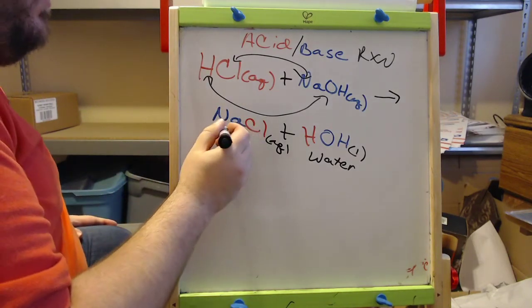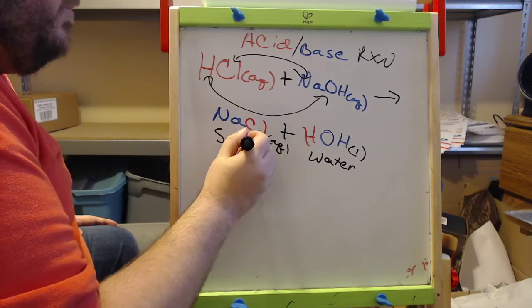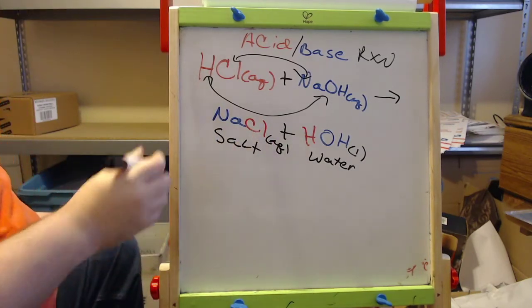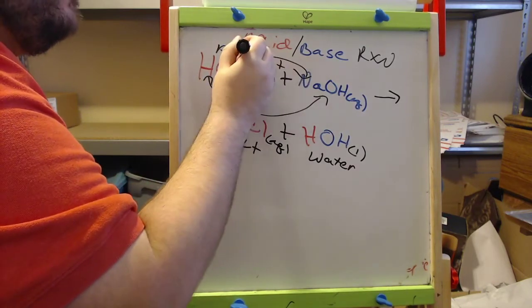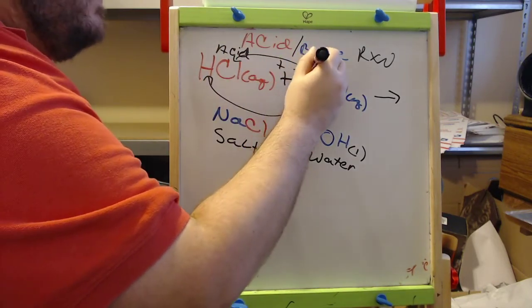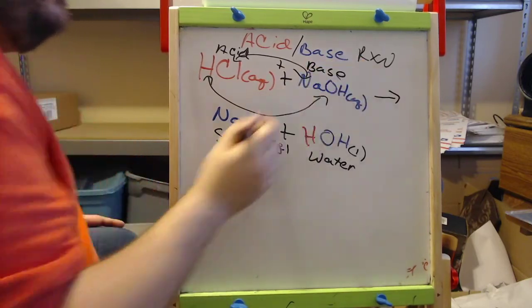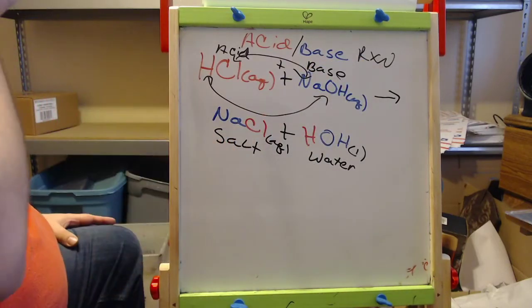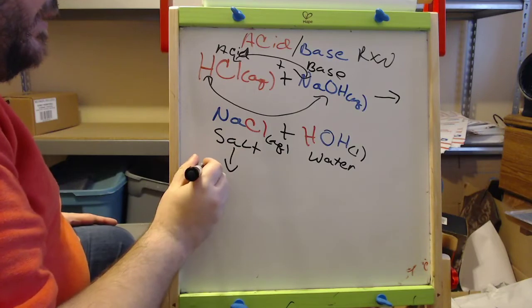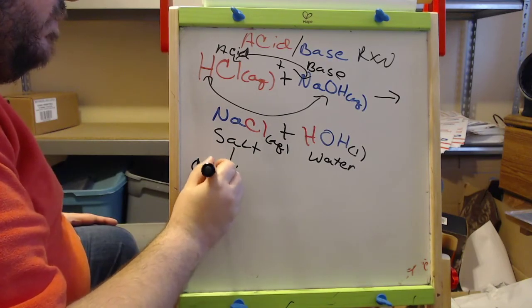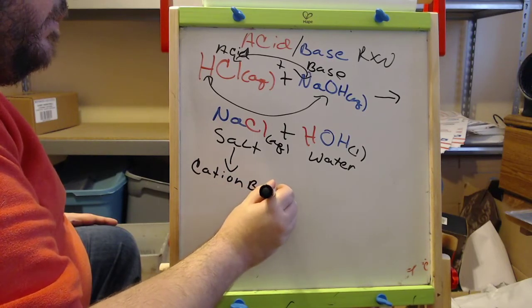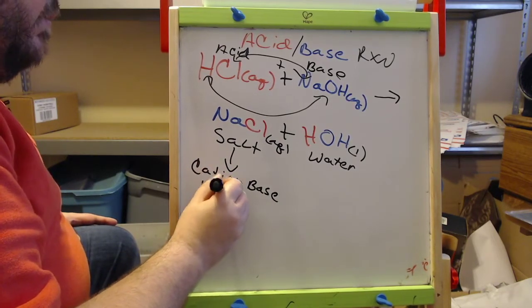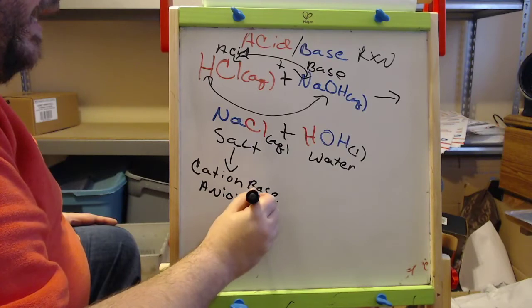This is sodium with chlorine. We know it as table salt, but the general form is if I take an acid and add it to a base, I'm going to get a salt. The definition of a salt is the cation came from a base and the anion came from an acid.